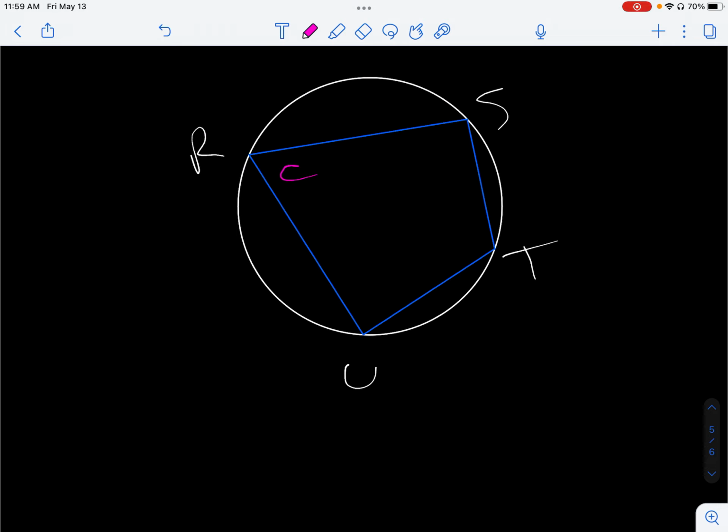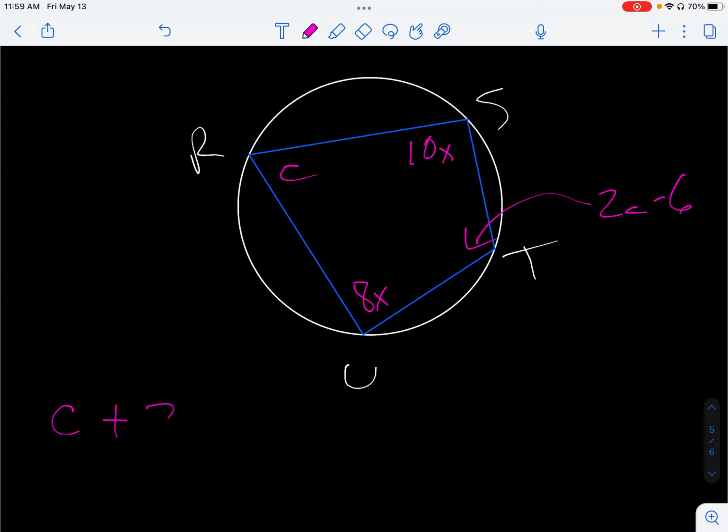Let's solve for C. This is 8x, 10x, and this one's going to be 2c minus 6. So solving it is exactly the same process. We just have to use a little more algebra.